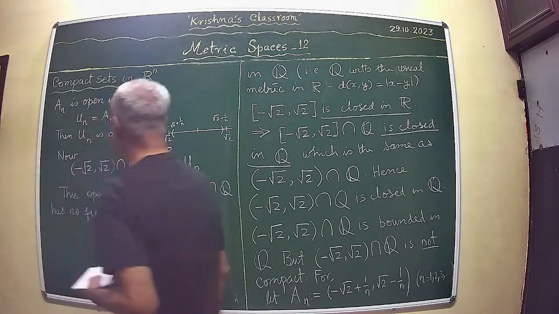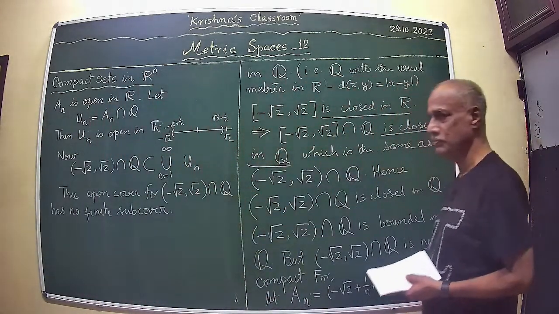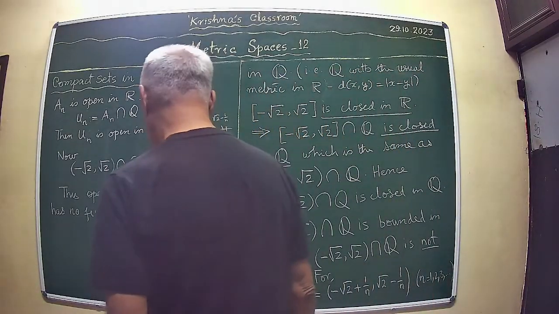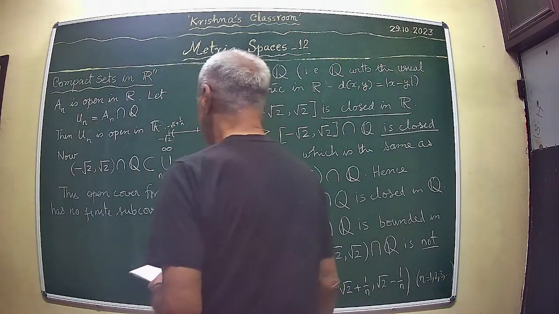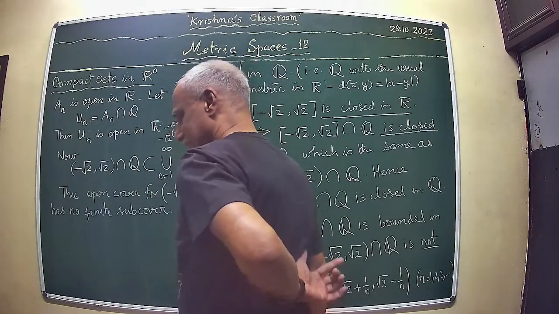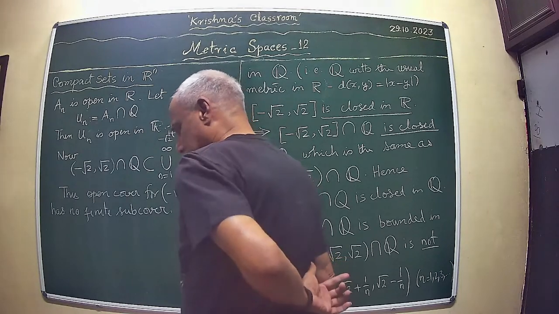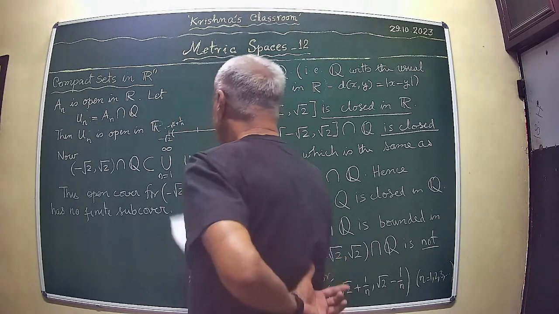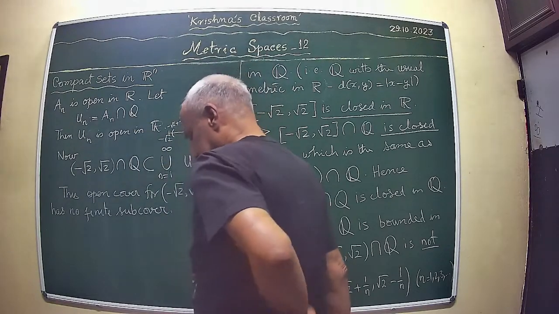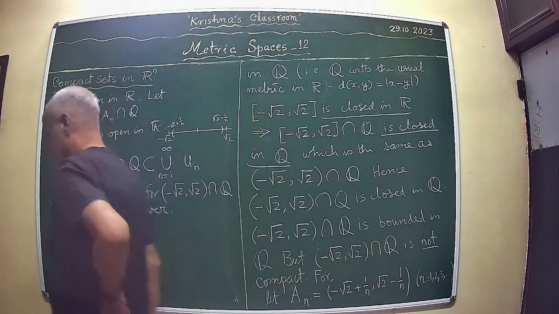I don't think I have to prove it because it's very easy to see. If there is such a finite subcover, then finitely many of these sets would give a covering.